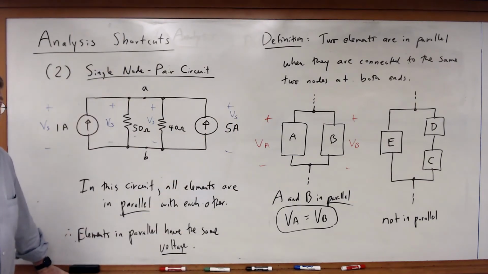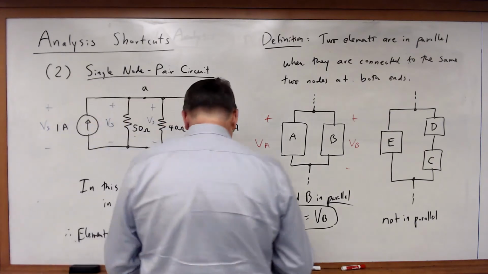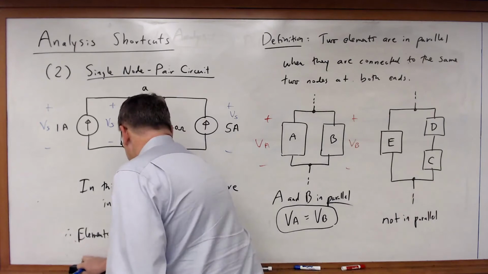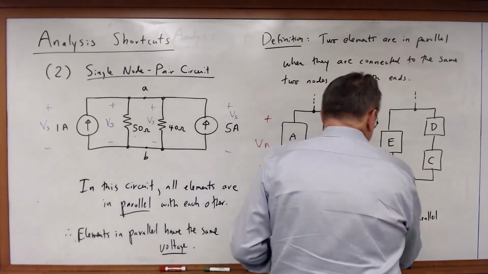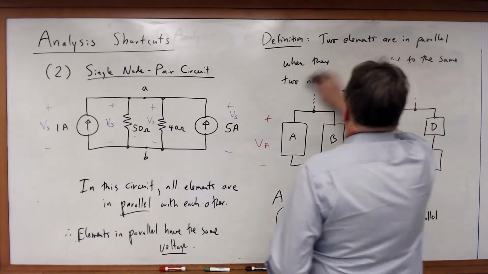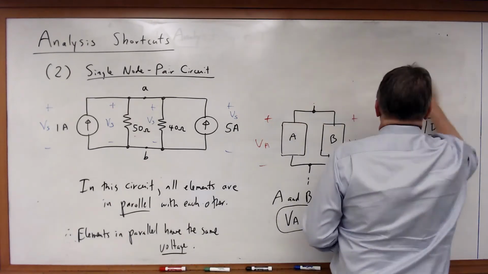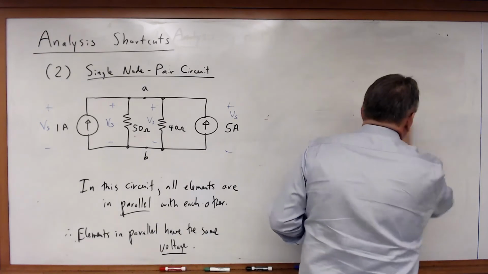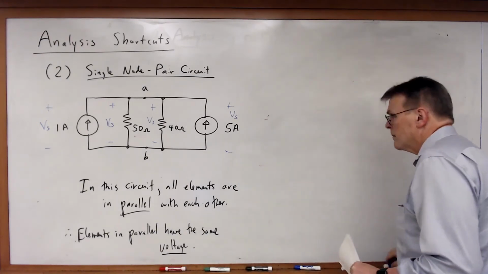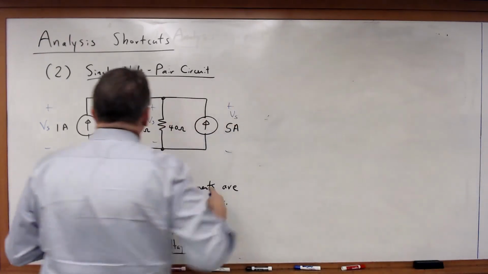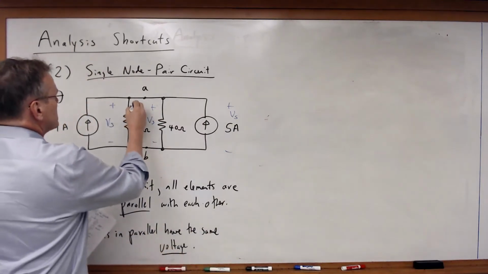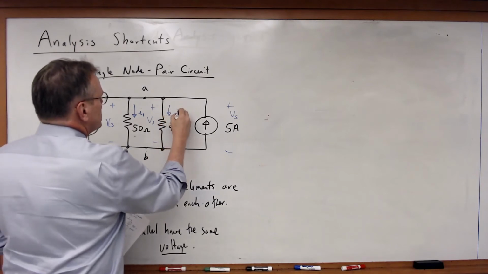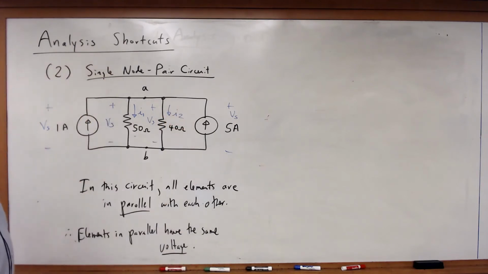So now let's go through and apply KCL and Ohm's law. All right, so I've got Vs across all the elements. I'm going to define a current I1 and a current I2 flowing through those two resistors.